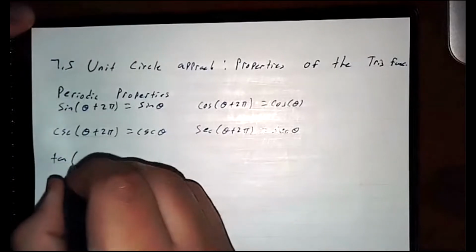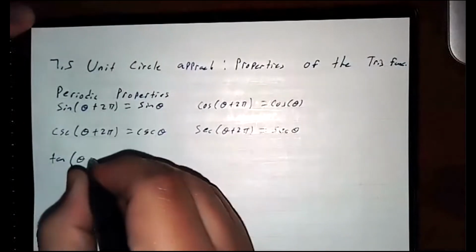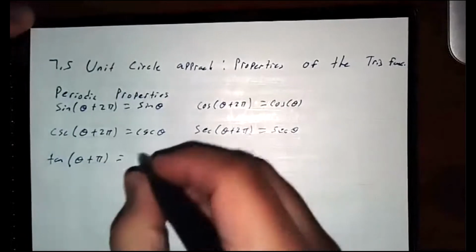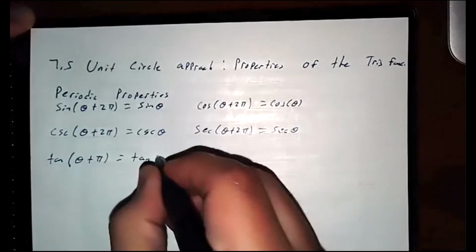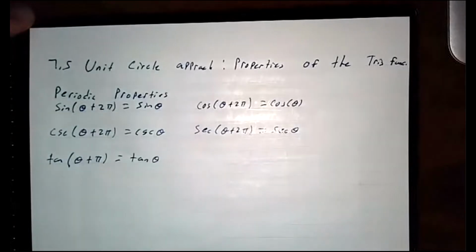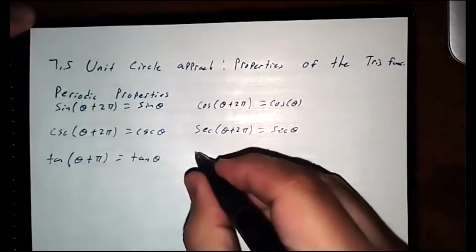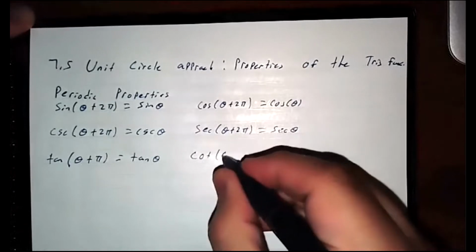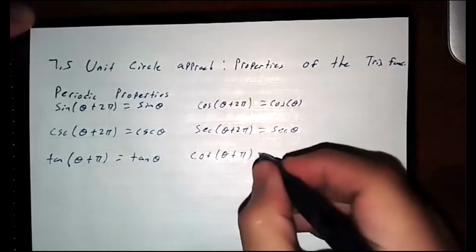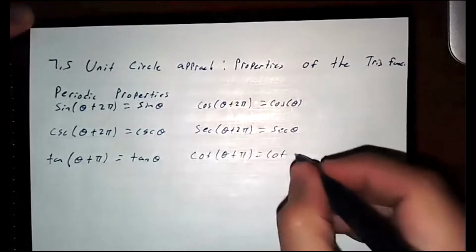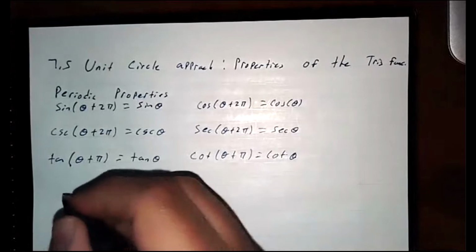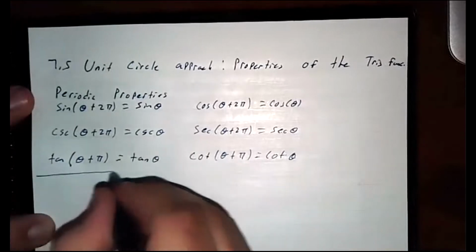This one, if you add pi, it will be the same as 1 period, 1 circle. Cotangent theta plus pi equals cotangent theta. All right. So that's the first set of properties.